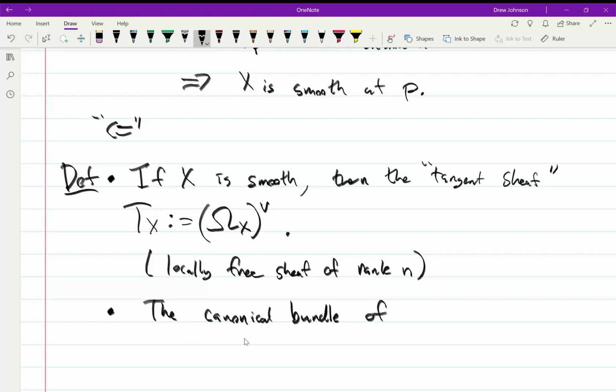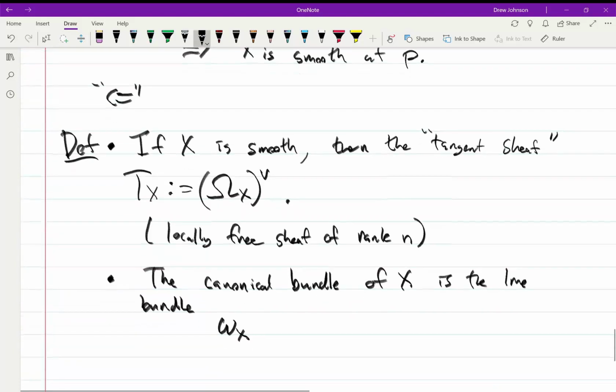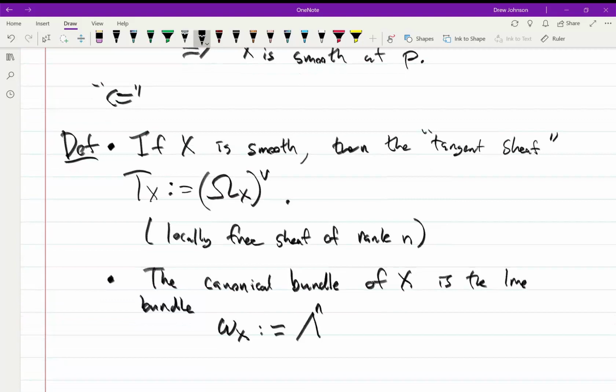All right, one more definition here: the canonical bundle of X is the line bundle usually written as omega subscript X, and it's defined to be the top wedge power of the cotangent bundle. All right, so it's a line bundle. It's a rank 1 locally free sheaf. And the good thing is that every smooth variety has a canonical bundle.